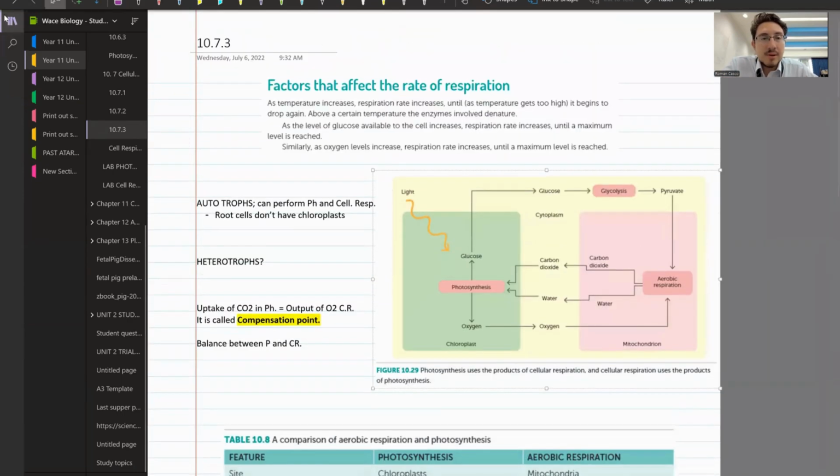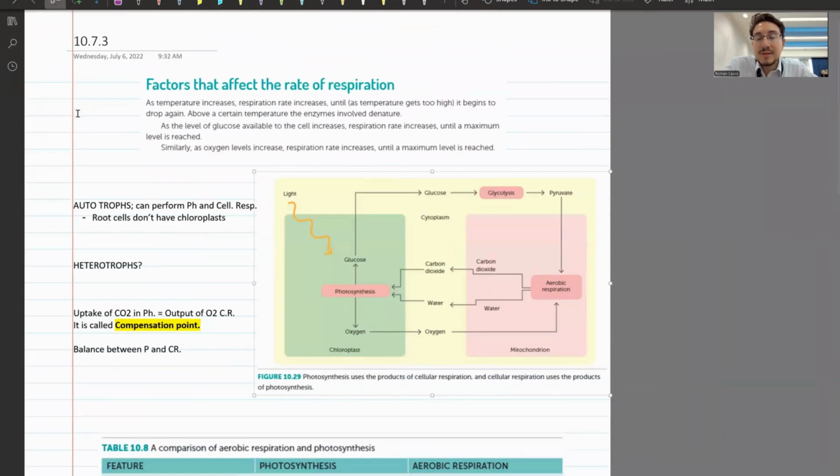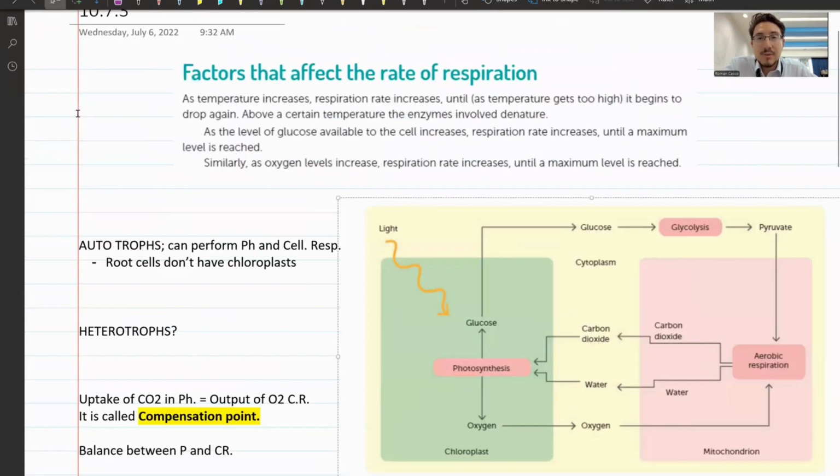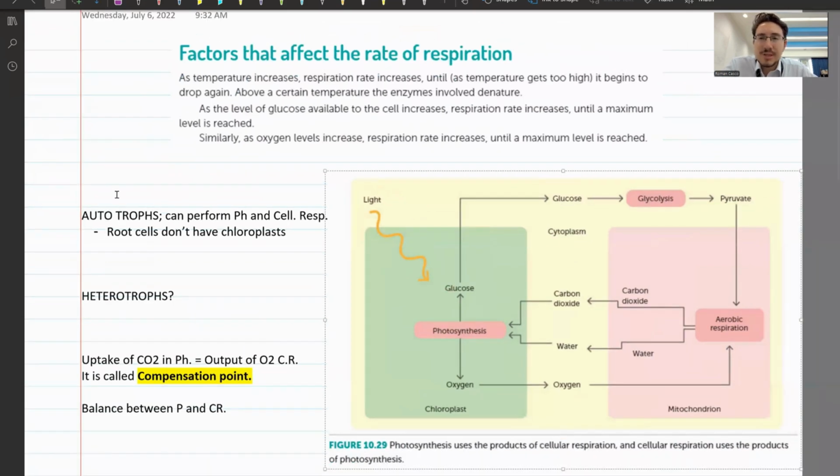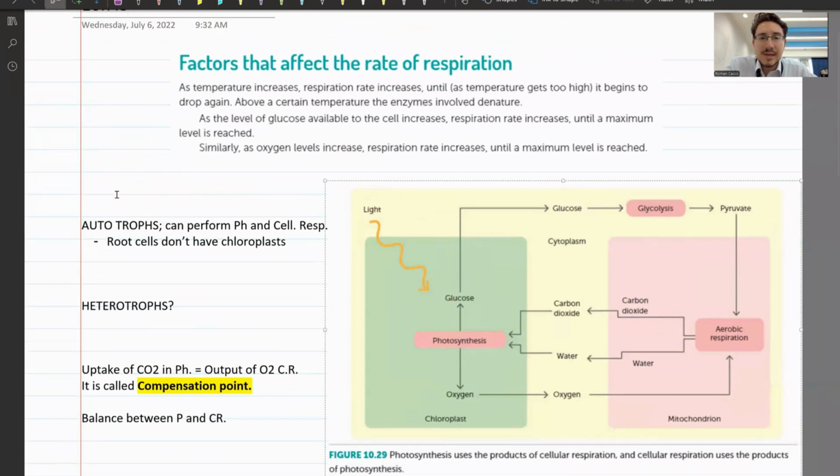And lastly, we've talked about factors that affect the rate of photosynthesis. We can take a look at the factors that affect respiration, right? Very, very similar, right? We've talked about how enzymes and temperature have certain tolerance ranges for enzymes to work.